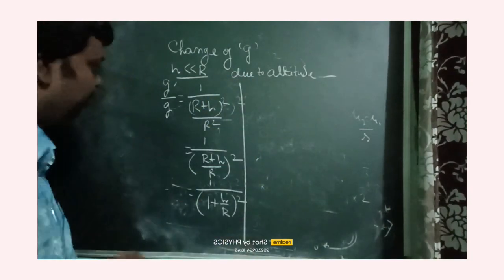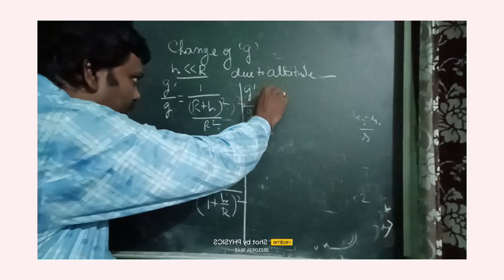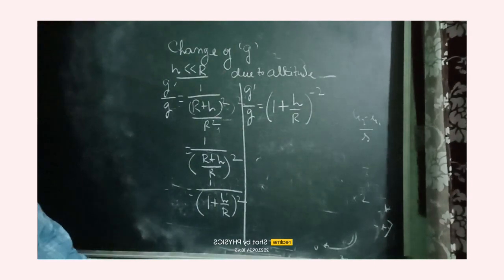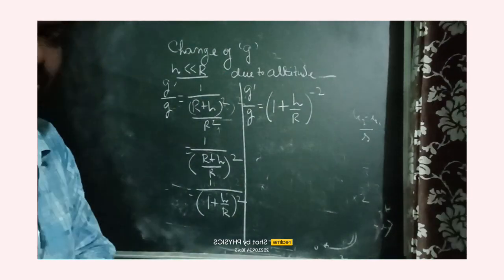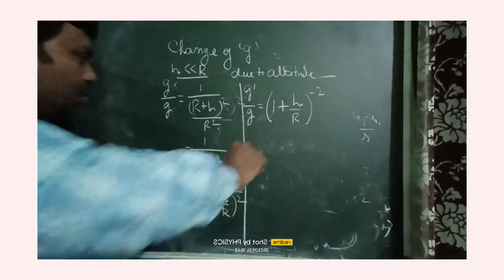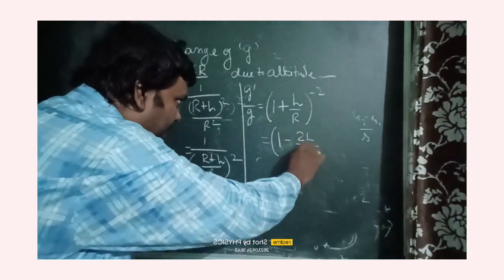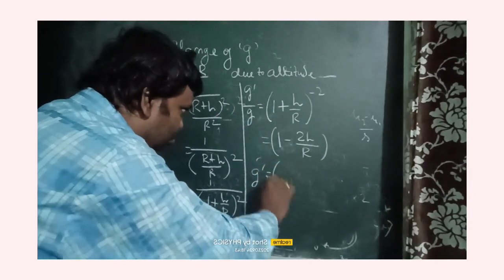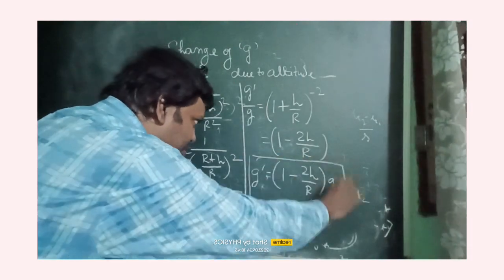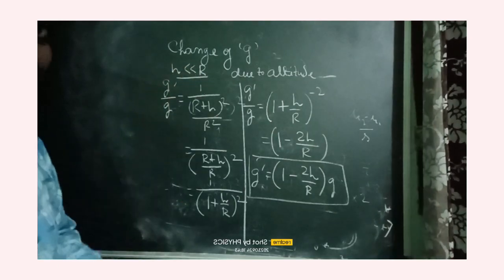Now for the next line, g dash by g is equal to 1 plus h by r whole to the power minus 2. Now we have considered that h is much less than capital R, so the expanded expression we have is 1 minus 2h by r. So g dash is equal to 1 minus 2h by r into g, which is the expression applicable for numericals, in which case h is much less than capital R.